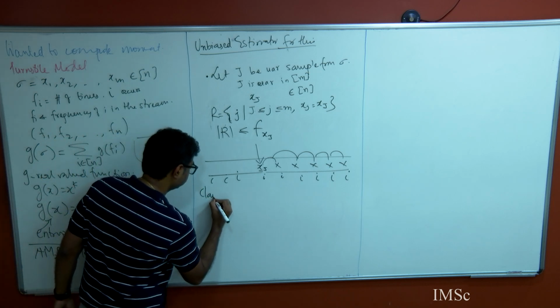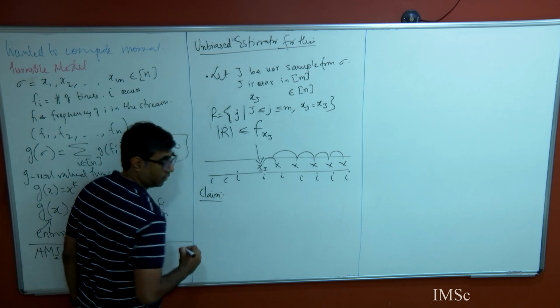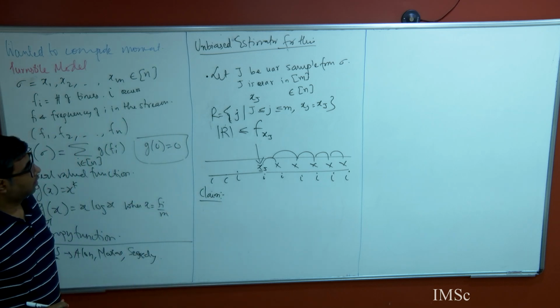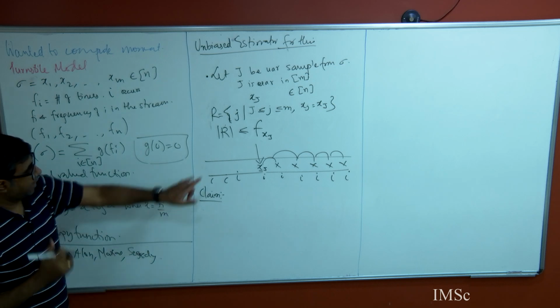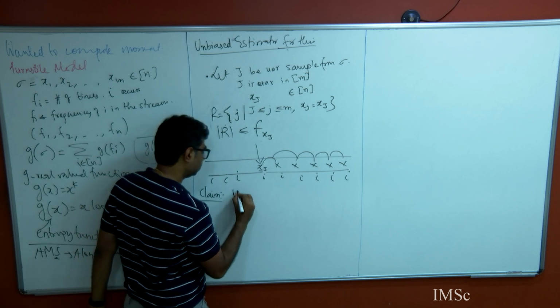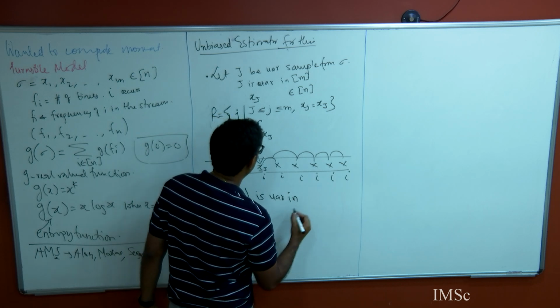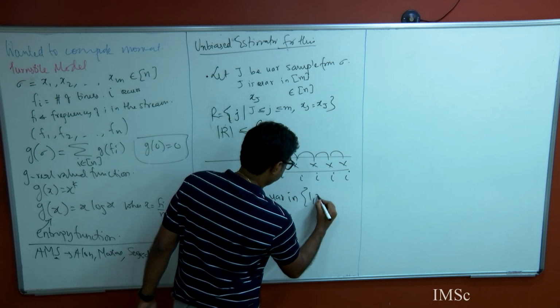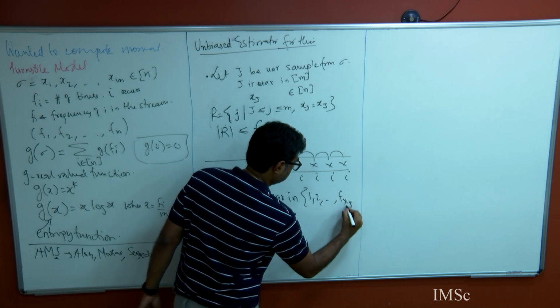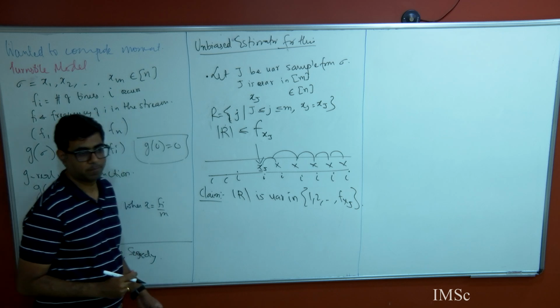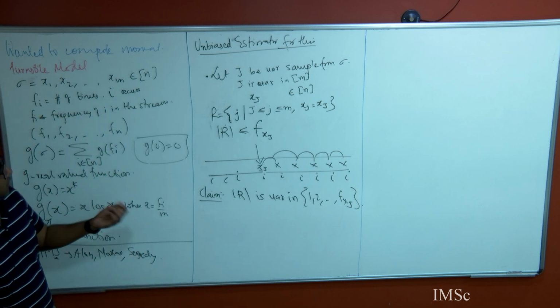Claim: this random variable is uniformly at random in this range.